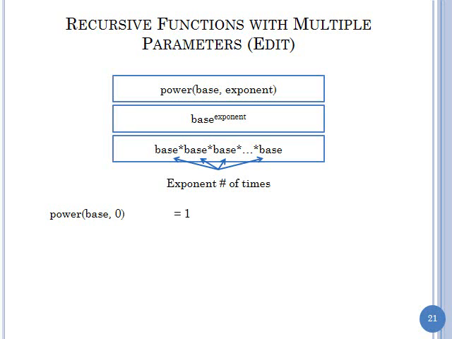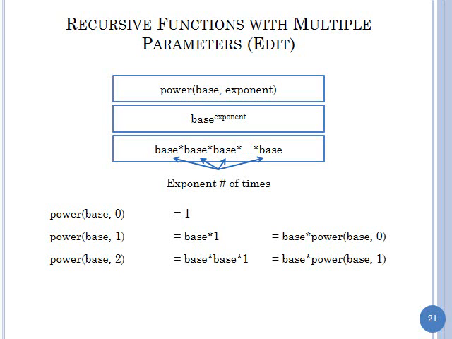Power base 0 is 1. Power base 1 is base times 1, which is equal to base. Power base 2 is base times power base 1. And so what's my general formula?